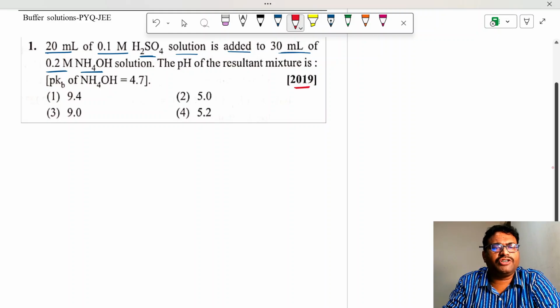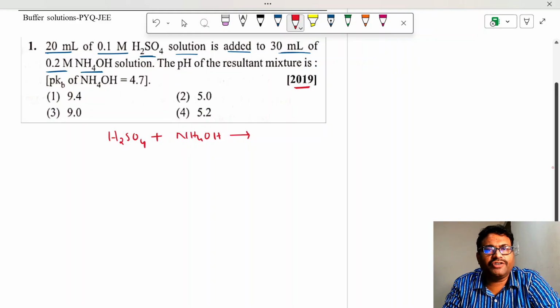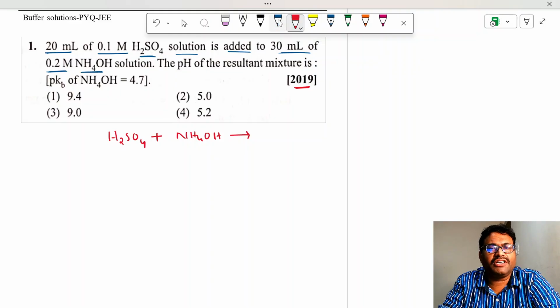So first, H2SO4 is given, right? H2SO4 is mixed with NH4OH. H2SO4 is an acid and NH4OH is a weak base.